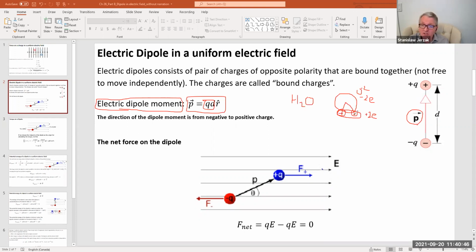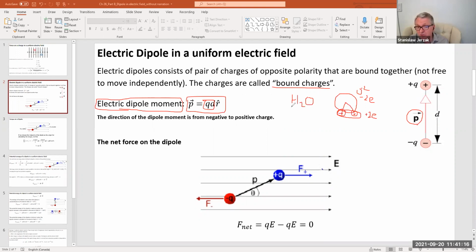So in most applications, these 2 charges of the dipole are called bound charges, bound because they are part of a molecule, and they cannot be separated from the molecule. They are tiny, the charges are separated by small distances. So these dipole moments are usually very small because the separation d between these charges is very, very tiny.